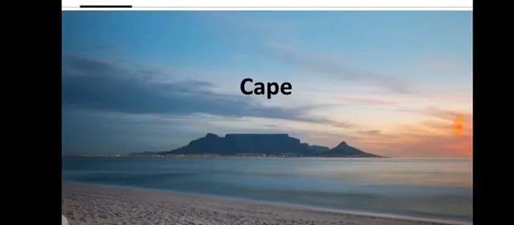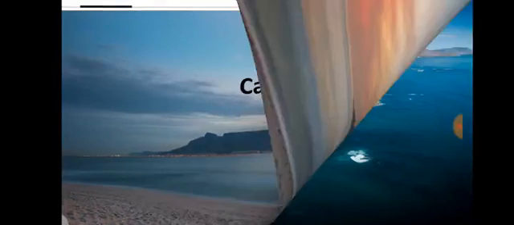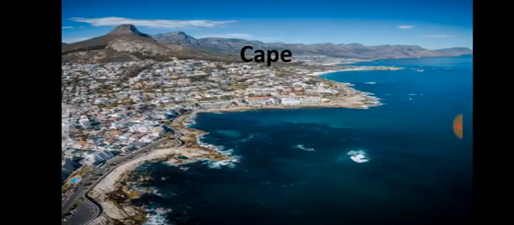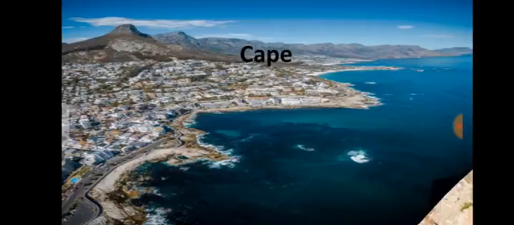We can see a high point of land gradually and narrowly extending into the water. This is another beautiful picture of a cape. That is a cape.